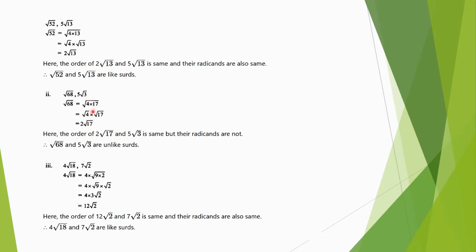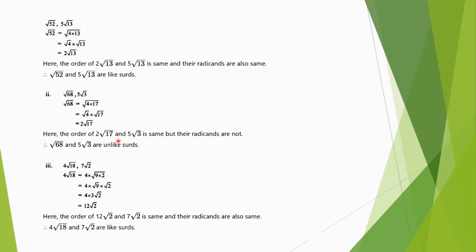Here the order of 2 root 17 and 5 root 3 is same, but their radicands are not same. Therefore, square root of 68 and 5 root 3 are unlike surds. That means the number which is inside the square root, here it is 17 and here it is 3. So the radicands are not same.